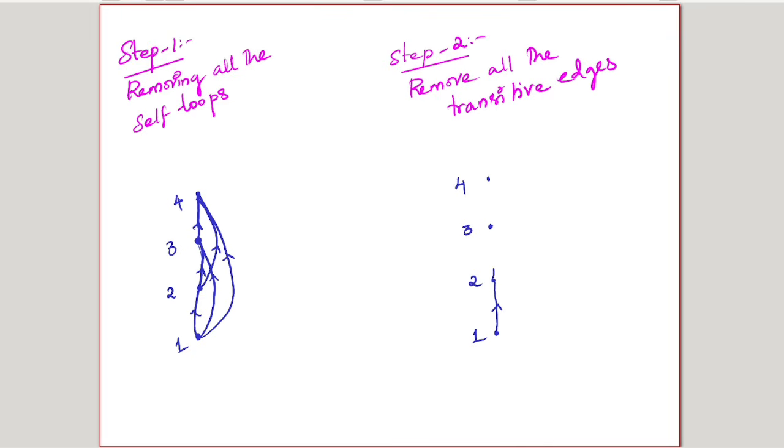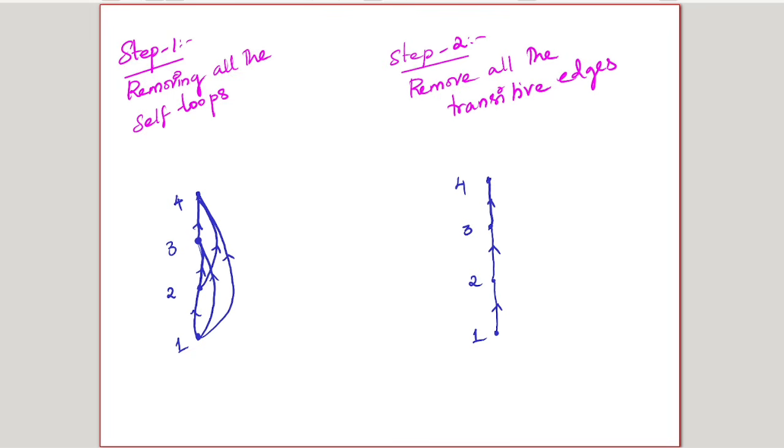If I join the edge 2 comma 3, I can reach 1 comma 3 like 1 to 2 and 2 to 3. So no need to draw this 1 comma 3 transitive edge. Similarly, if I want to draw this 1 comma 4, I can come from 1 to 2, 2 to 3 and 3 to 4. 3 connections are there. So 1 comma 4 transitive edge also we can remove.